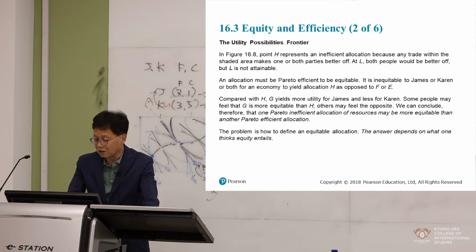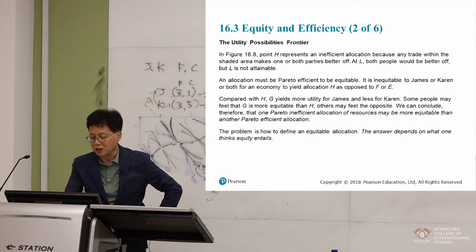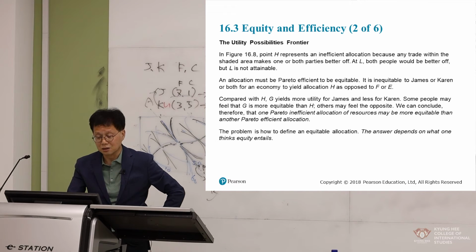It is inequitable to James or Karen or both for an economy to yield allocation H as opposed to F or E. Compared with H, G yields more utility for James, less for Karen. Some people may feel that point G is more equitable than H. Others may feel the opposite. We can conclude, therefore, that one Pareto inefficient allocation of resources may be more equitable than another Pareto efficient allocation at times, right? Considering point H.